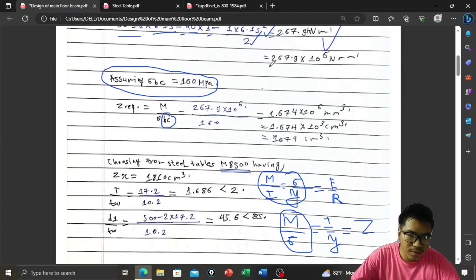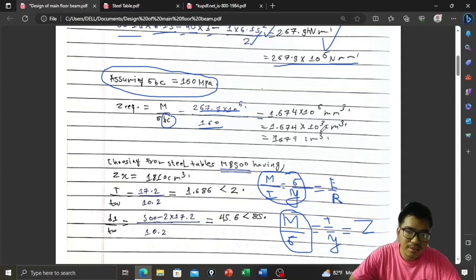So moment is 267.9 into 10 power 6 Newton mm, and this is 160 megapascal. So this divided by this is 1.674 into 10 power 6 millimeter cube.